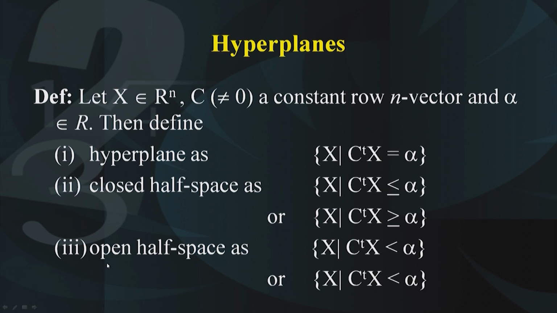Similarly, we define the open half spaces as x such that C transpose x is strictly less than alpha, and x such that C transpose x is strictly greater than alpha.